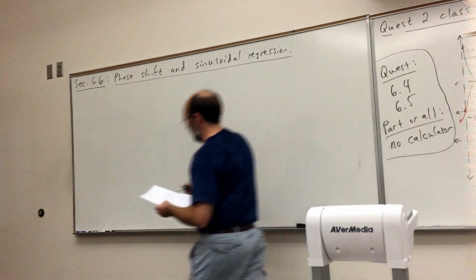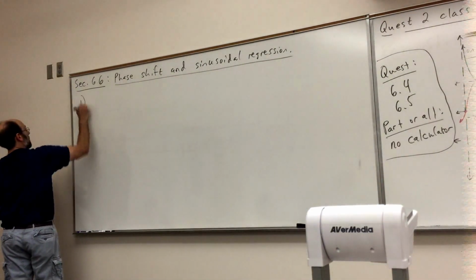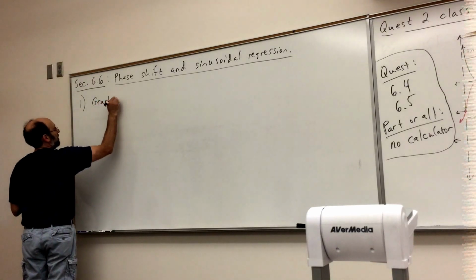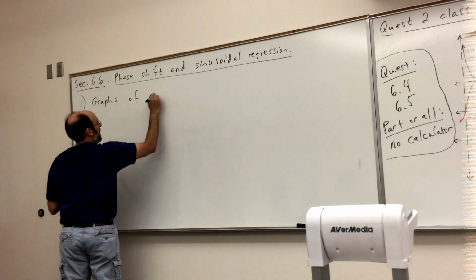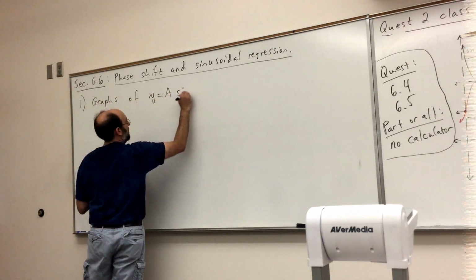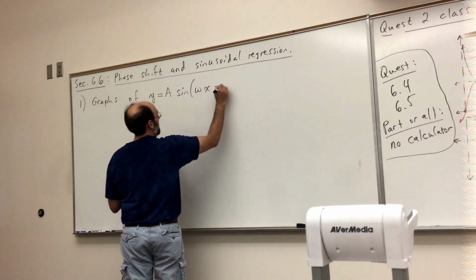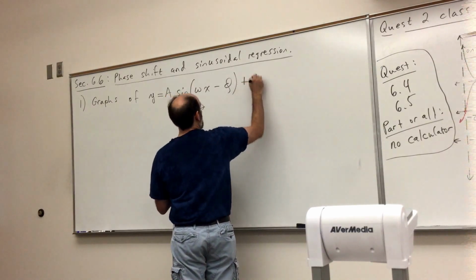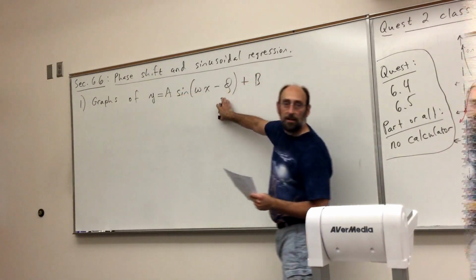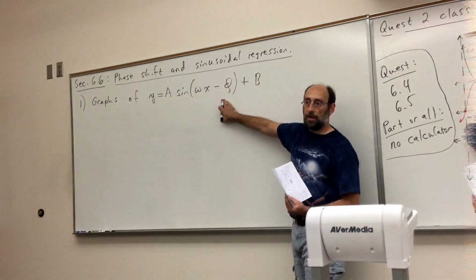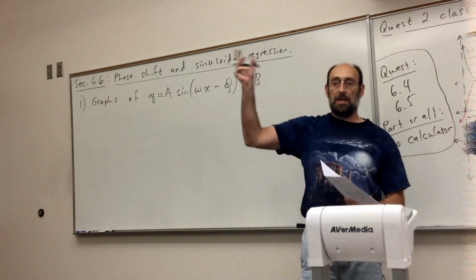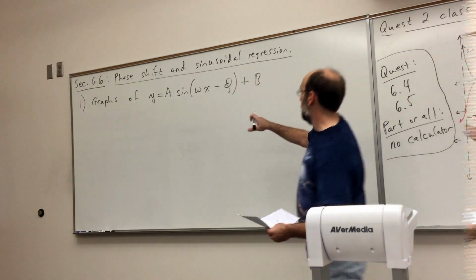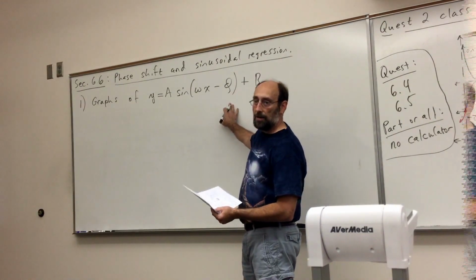So let's begin with graphs of the following form. y equals A sine of omega x minus phi, plus b. So this little squiggly here is a Greek letter. The Greek letter combination in English would be ph, so it's pronounced phi or phi, okay?